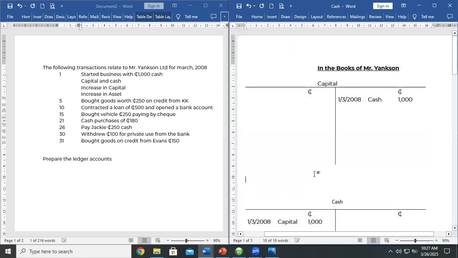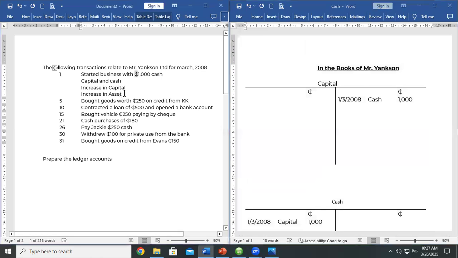So let's go to the second one, which says bought goods worth 250 cedis on credit from KK.